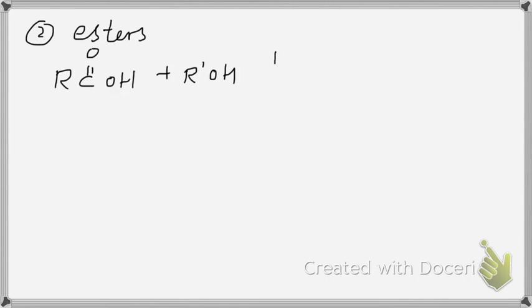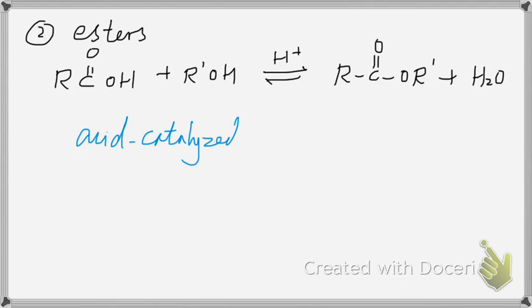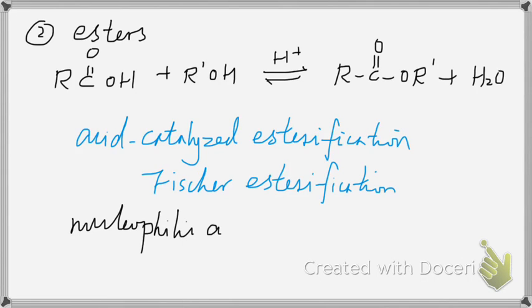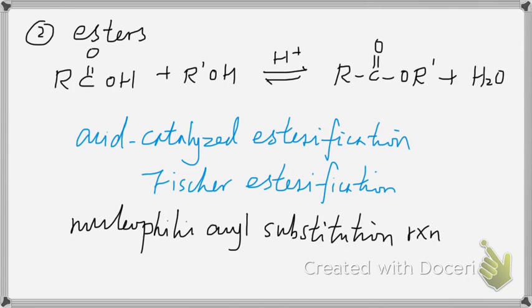The second acyl derivative we will look at will be esters. Carboxylic acid can be converted to esters when it's reacting with alcohols under acidic condition. And this is called the acid-catalyzed esterification.